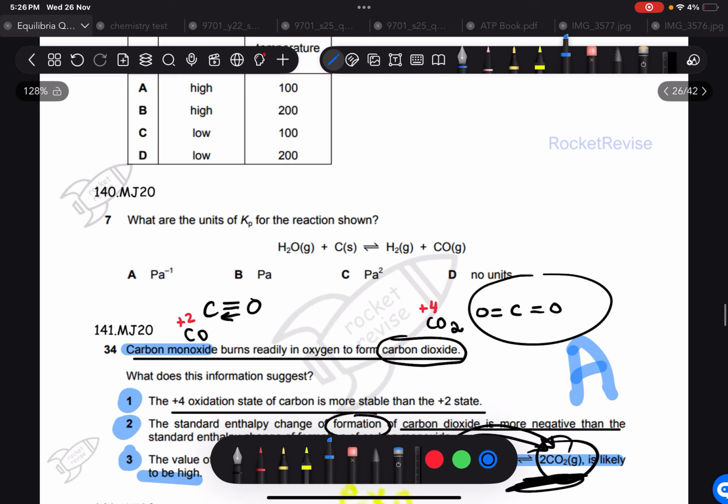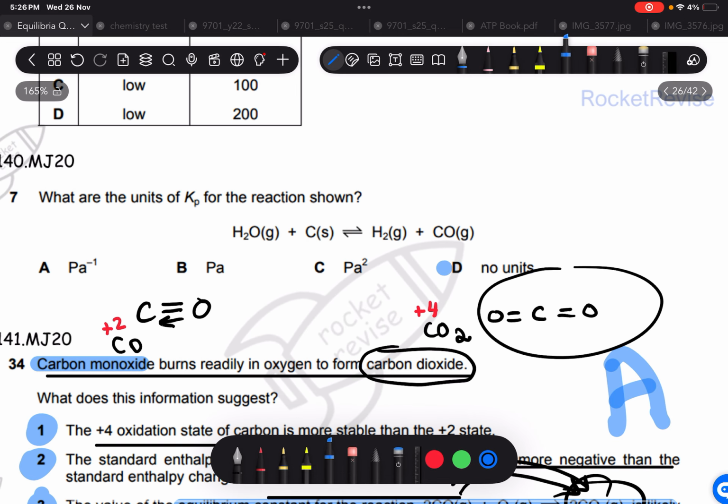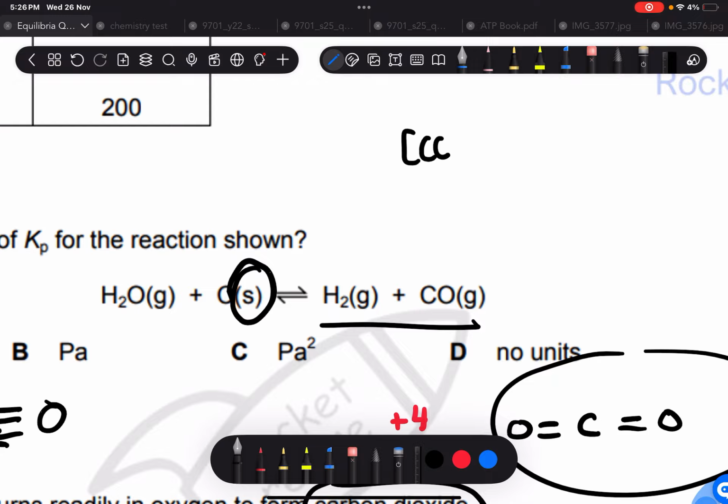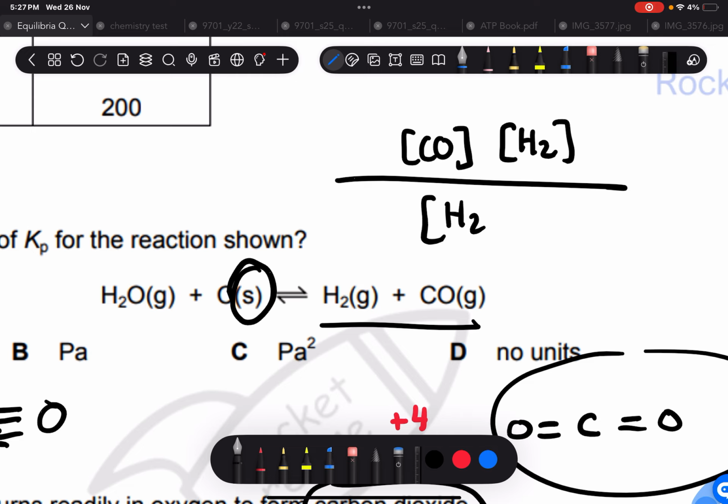Moving on, what are the units of Kp for this reaction shown? Okay, so it's going to be no units. Why is it going to be no units? You might think it's going to be no units, but it's not. You know why? Because we don't include solids in the Kp expression. So the Kp expression is going to be carbon monoxide concentration, then hydrogen concentration upon H2O concentration, with no carbon concentration.